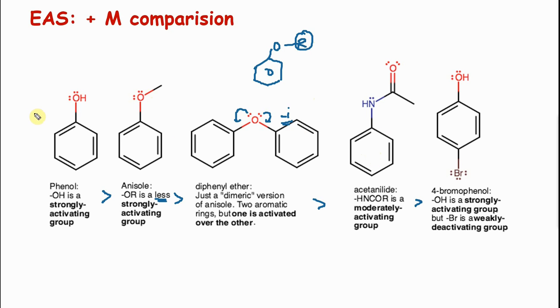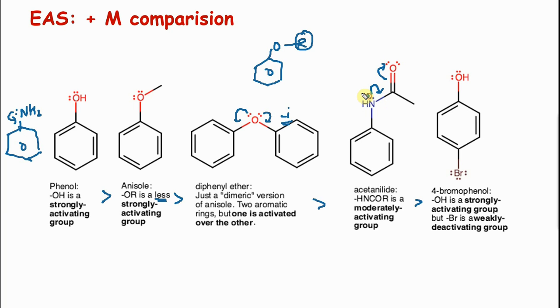When I go here, actually we want to write it down here. What is better than phenol? Aniline, because nitrogen is a better donor. But the same aniline, when it is acetanilide, the lone pair has to be given to the CO also. It's tied up in conjugation, as we saw earlier.